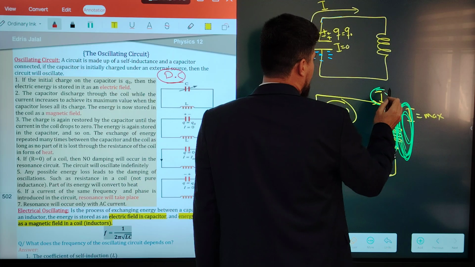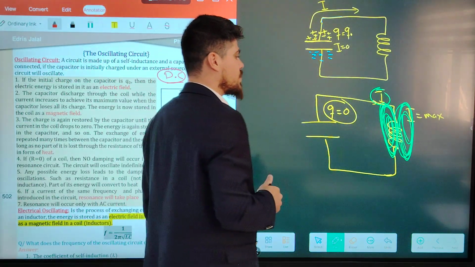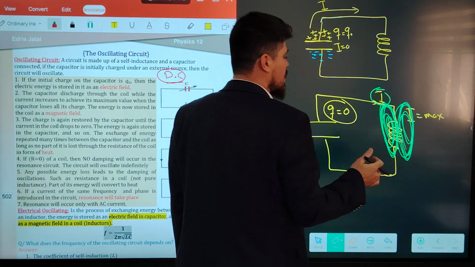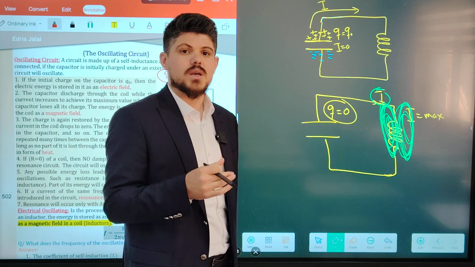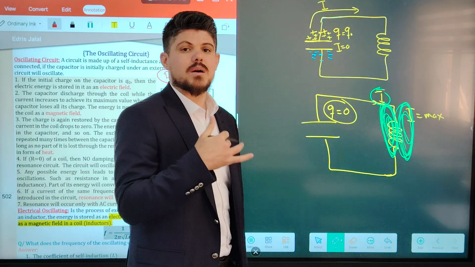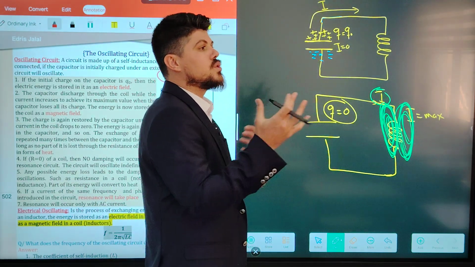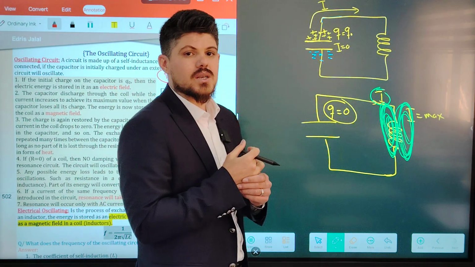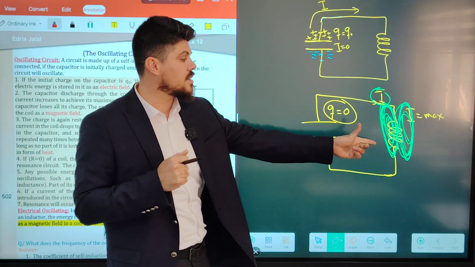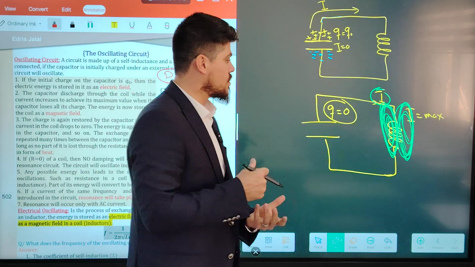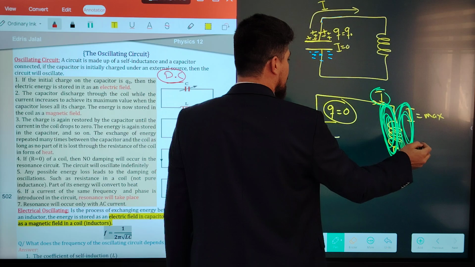Because the current changes as it enters the inductance, the magnitude of the current varies, so the magnetic field also varies and the magnetic flux changes. When magnetic flux changes, current is induced. According to Faraday's law or Lenz's law, the current induced by the changing magnetic field in the inductance is opposite to the source.